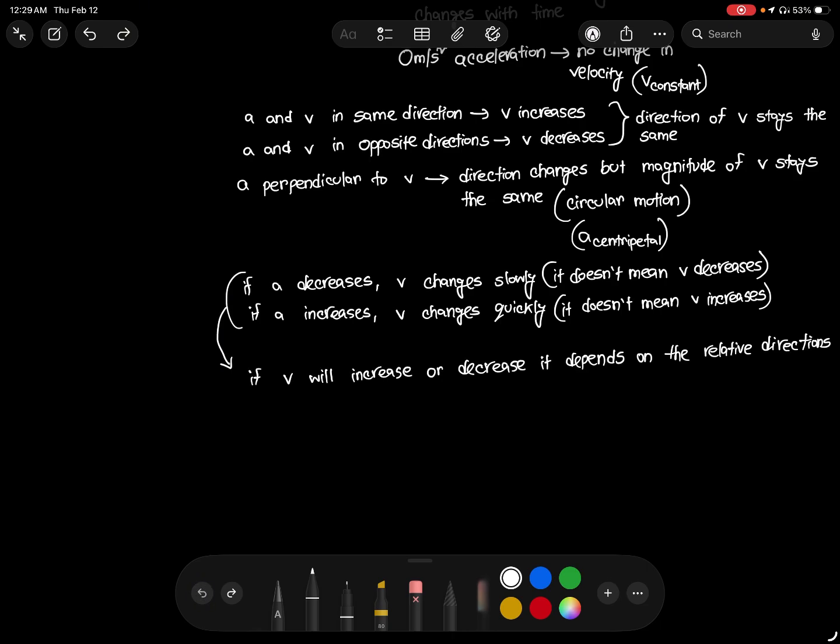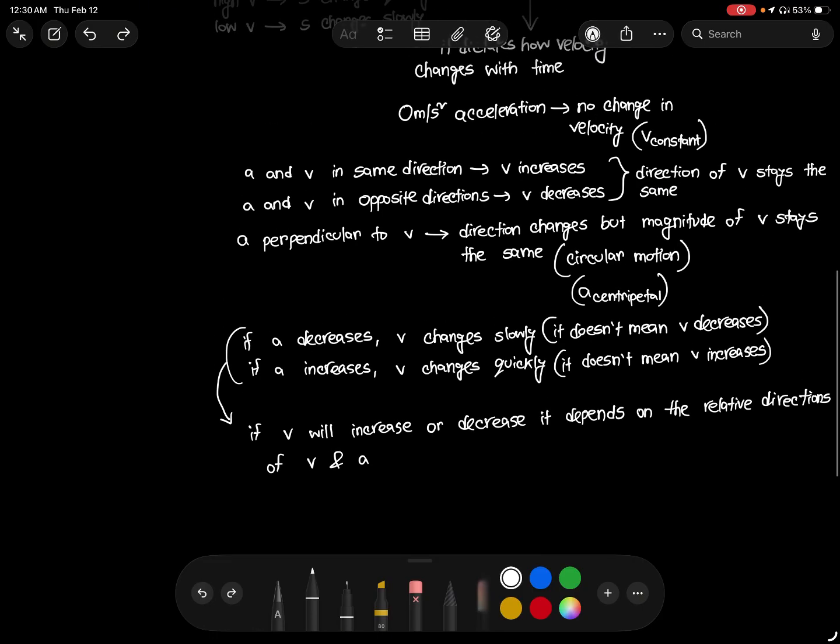So whether velocity will increase or decrease depends on the relative directions between velocity and acceleration. This is what we have discussed earlier: if acceleration and velocity are in the same direction, then velocity will increase no matter how small or how large the value of acceleration is. If the value of acceleration is large, then the velocity will change very quickly.